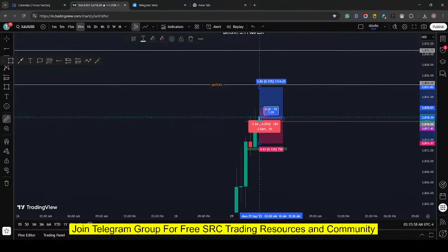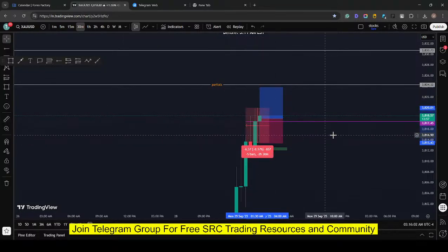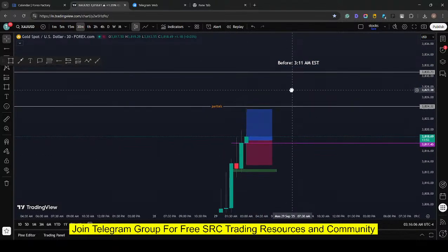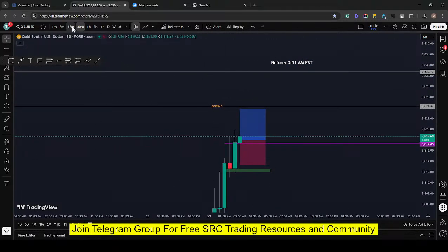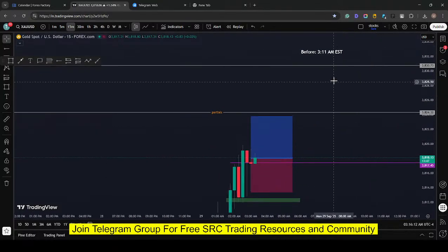If I took buys over there, it would be like a 65 pip SL. So yeah, clearly that was not a thing.